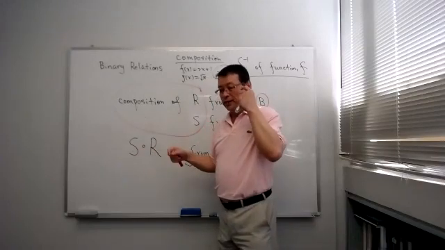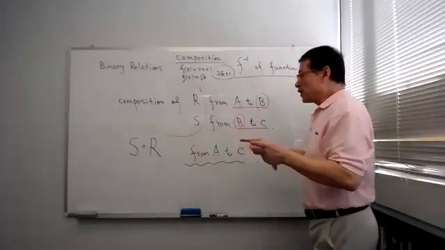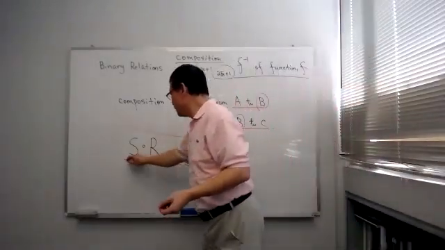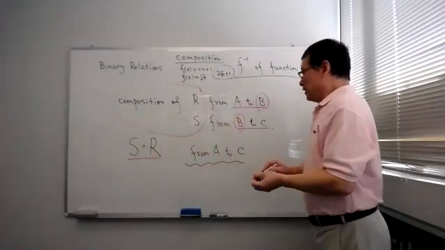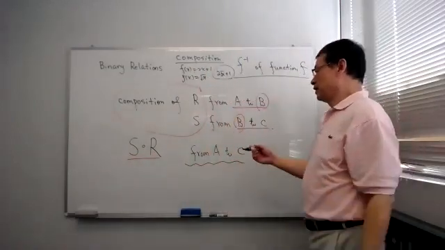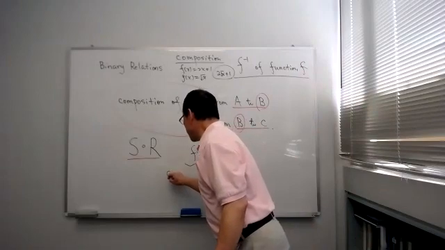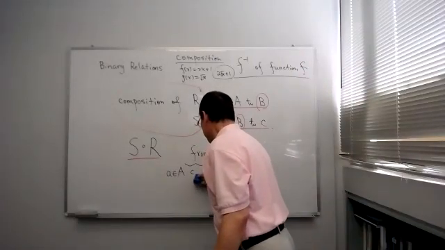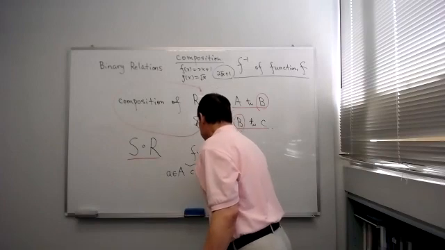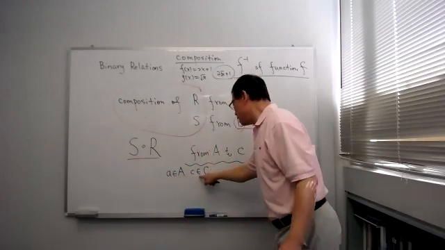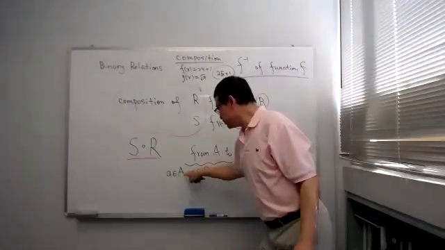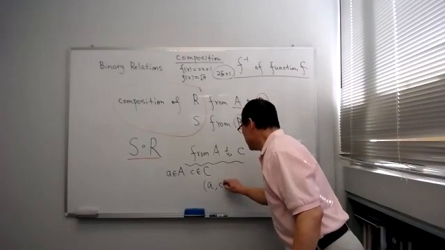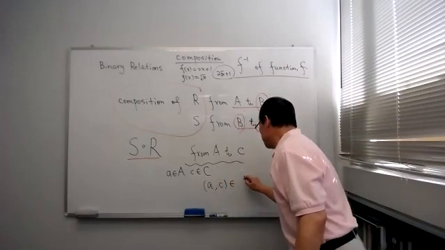It becomes more clear when we talk about matrices. So composition is a new relation that maps. Suppose a belongs to A, c belongs to C, an element inside A and an element inside C. Now, whether these two are related or not: (a, c) belongs to this new relation.